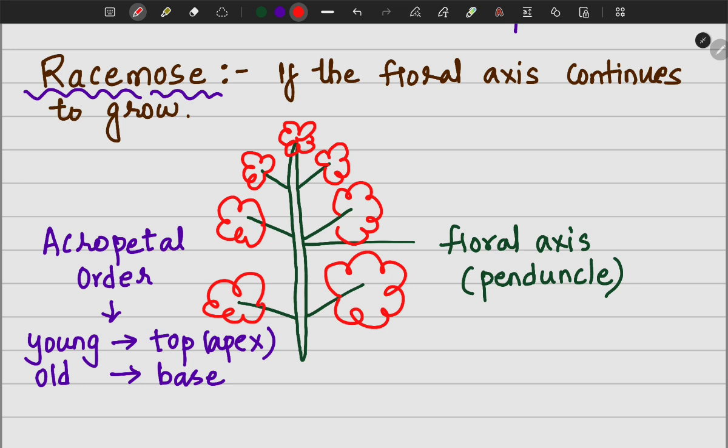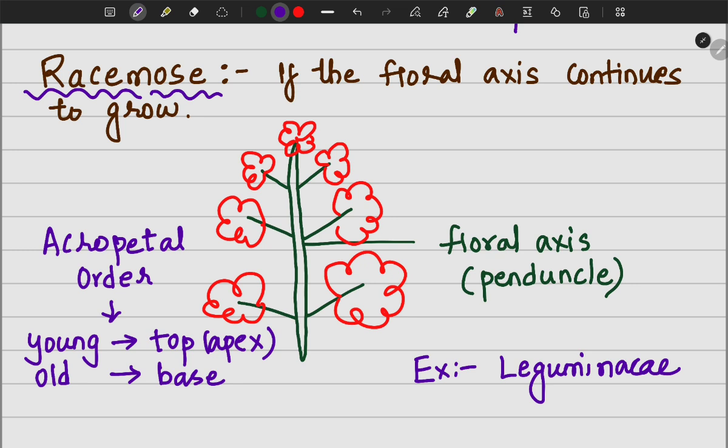So this is the acropetal order of flowers. The flowers are arranged acropetally, and the floral axis continues to grow. So this type of inflorescence is called racemose inflorescence. An example of a family in which the members show racemose inflorescence is Leguminosae family.